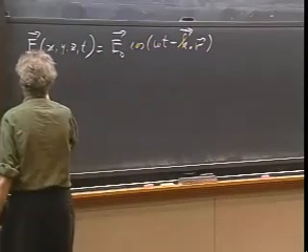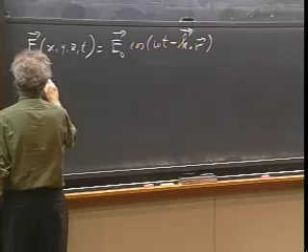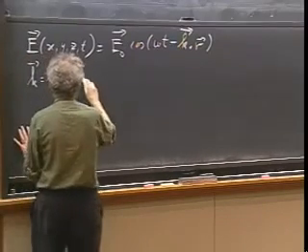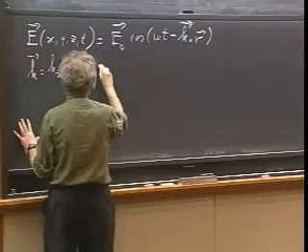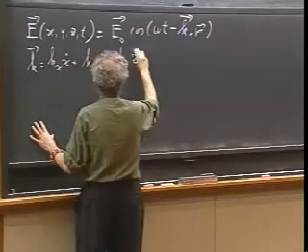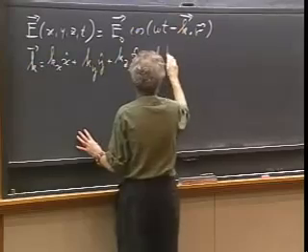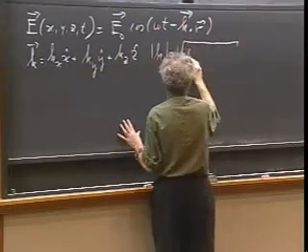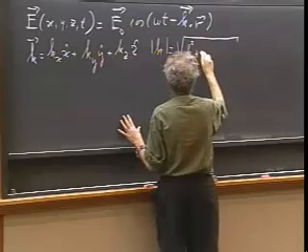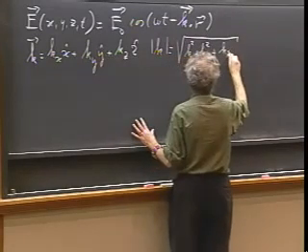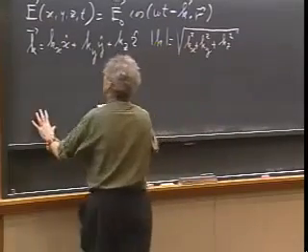And the meaning of k is called propagation vector, is kx x roof plus ky y roof plus kz z roof. The magnitude of k is the square root of kx squared plus ky squared plus kz squared.